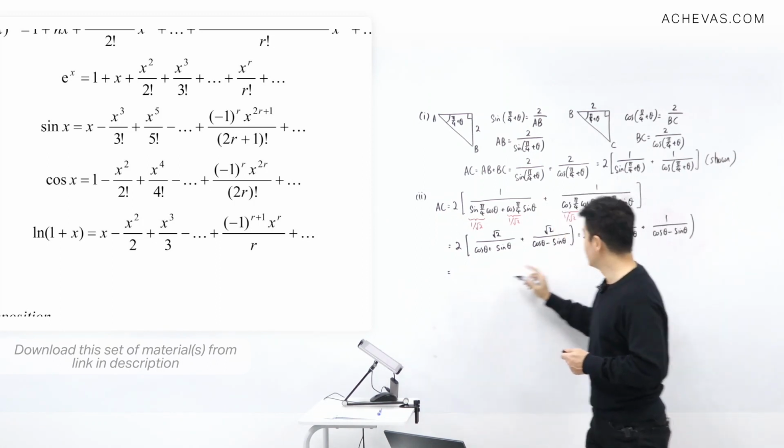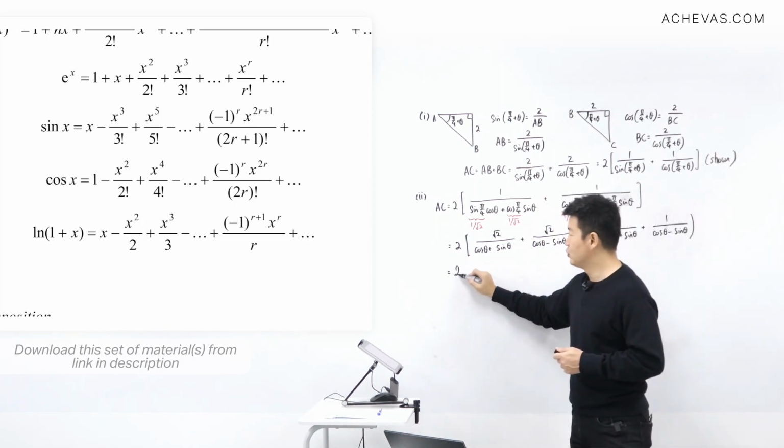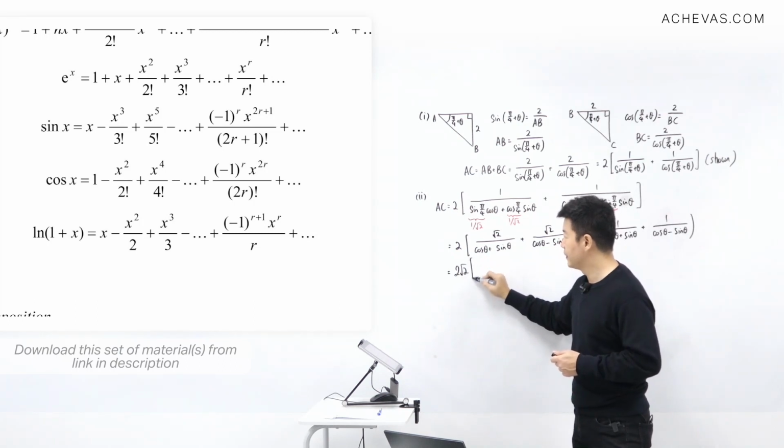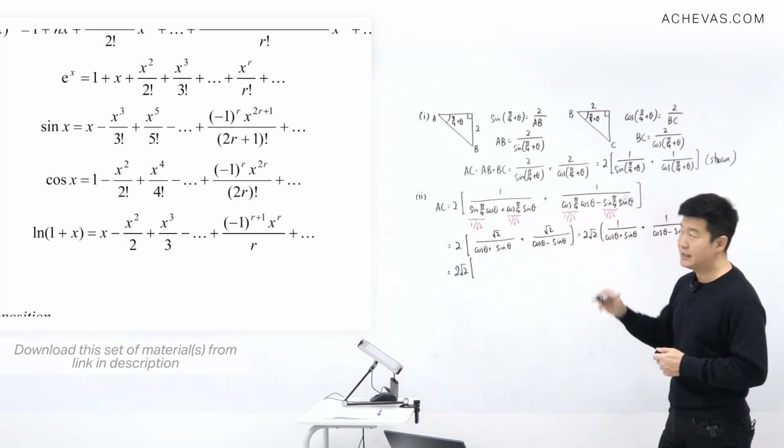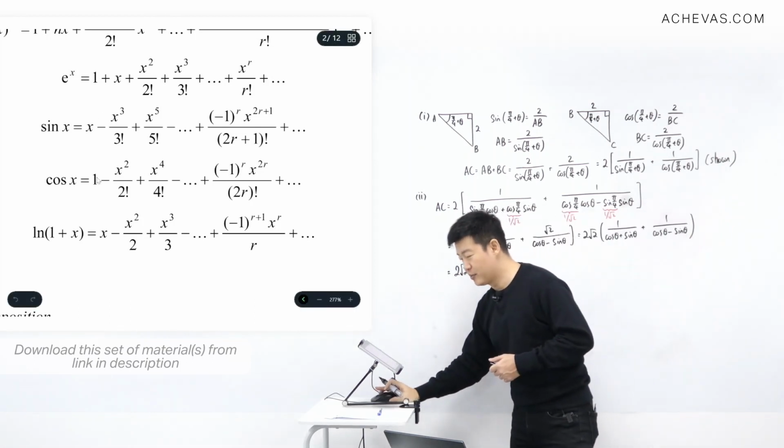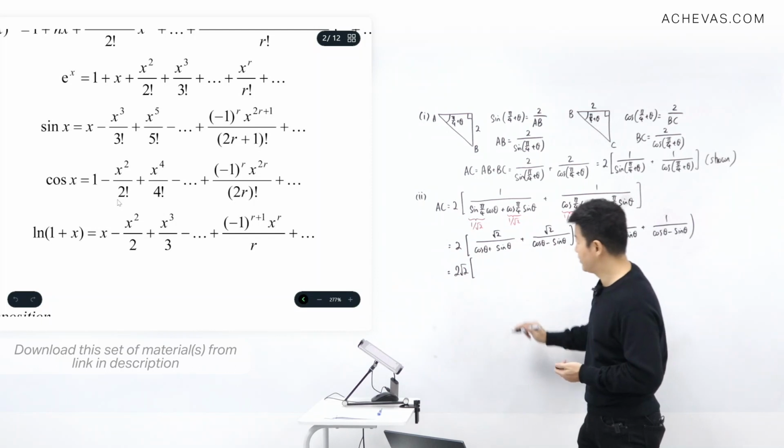So this is going to be equal to 2 square root of 2 of 1 over cosine theta. Cosine theta will be 1 minus theta squared over 2 factorial plus theta to the power of 4. I'm going to be ignoring it. So I'm going to be just keeping the first two expressions.